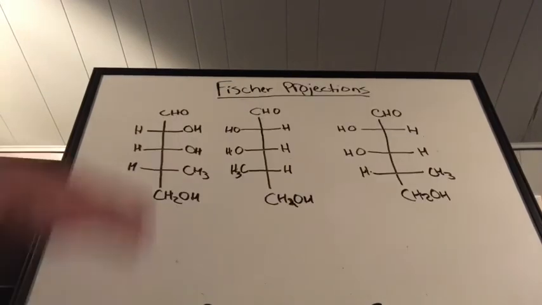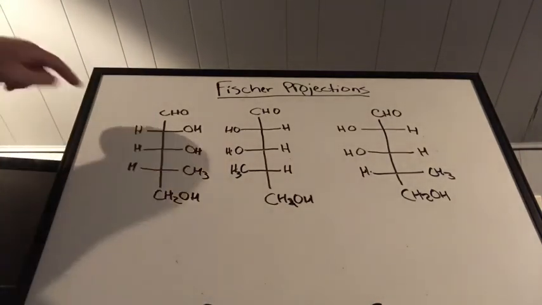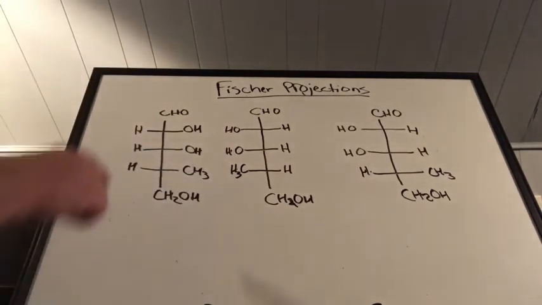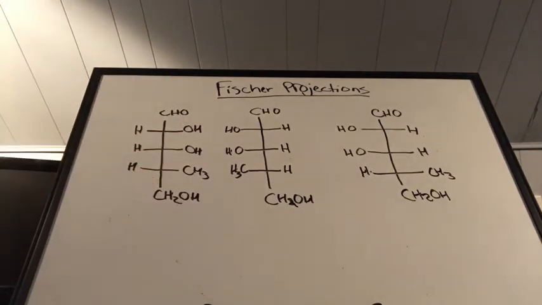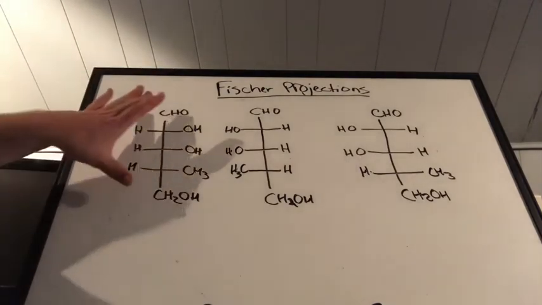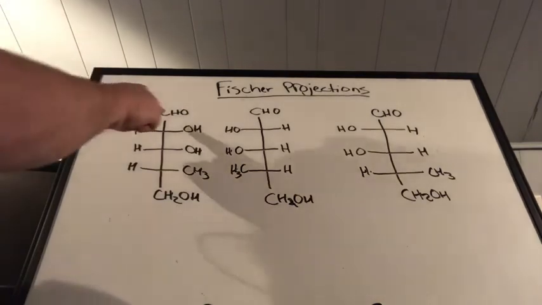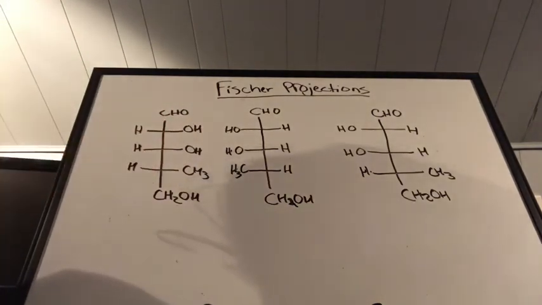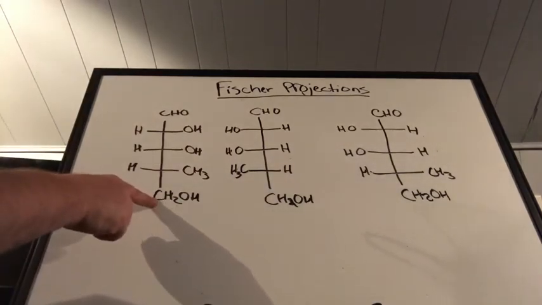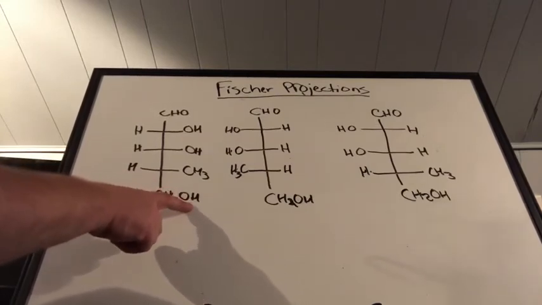All right, so here's a Fischer projection, kind of an ugly looking fishbone looking thing here. Now, notice how you have a top and a bottom substituent, so it's part of a linear chain. But the thing to pay attention to here is that each one of these junctions you see here is actually a stereocenter. This one is not stereospecific, because it has two hydrogens attached to it, and then an OH.